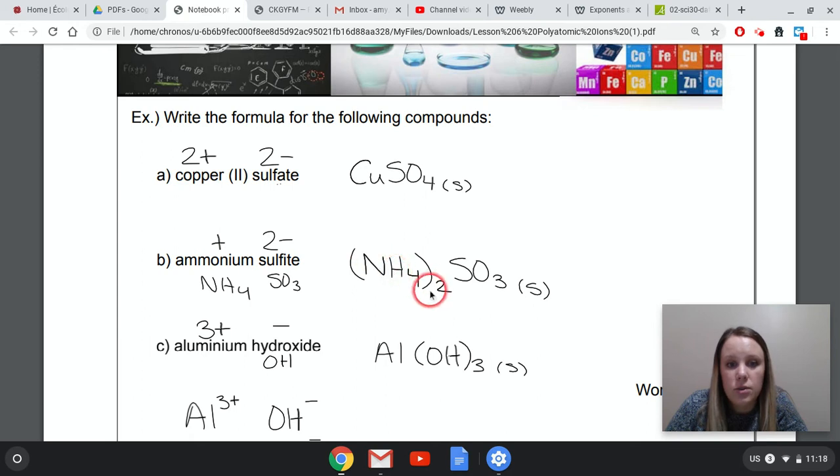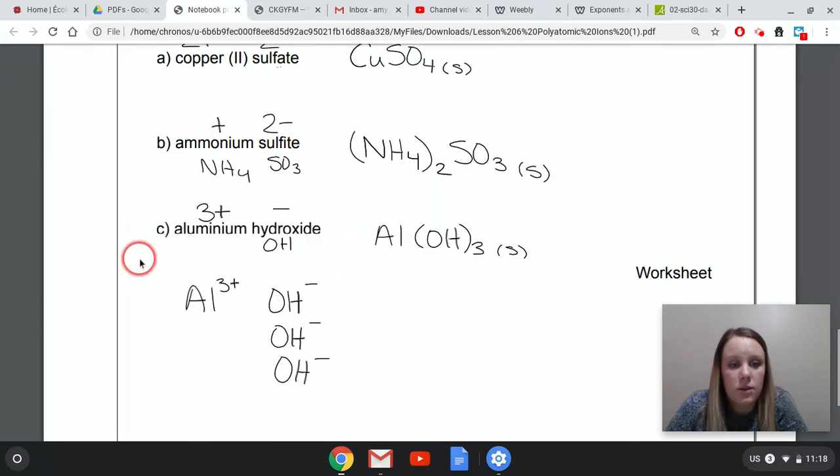We need the 2 to apply to everything in ammonium. So this is where you put ammonium in brackets, and you put the 2 that's crossing behind it outside. So this is the full chemical formula for ammonium sulfite. NH4 in brackets, subscript 2, there's no space between these, and then SO3 solid.